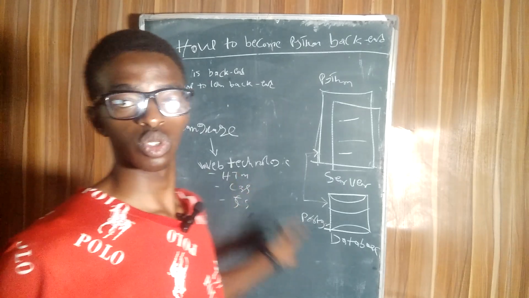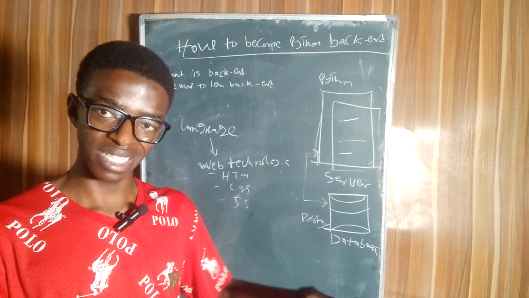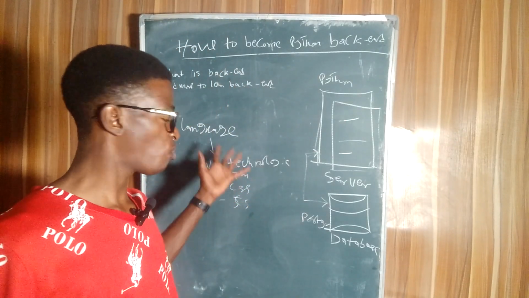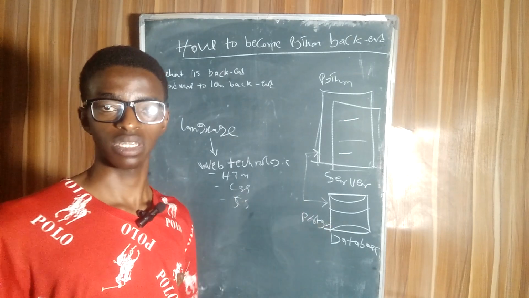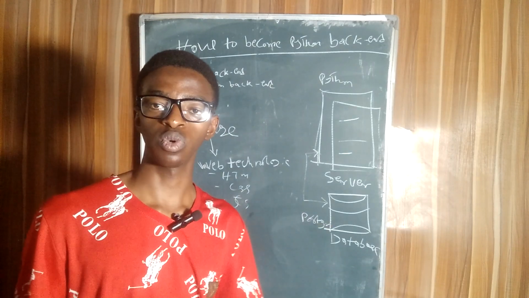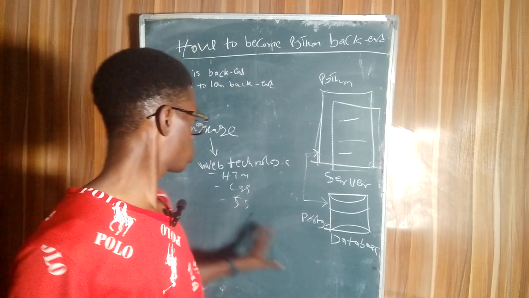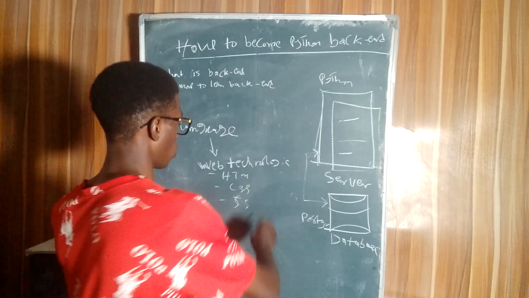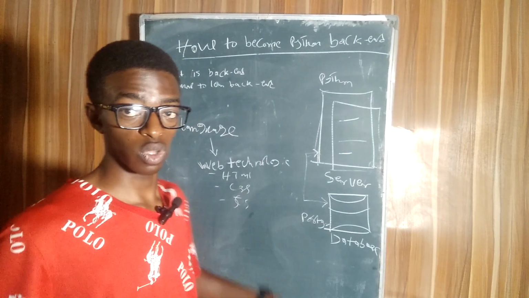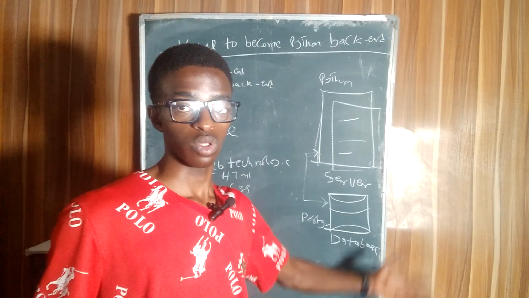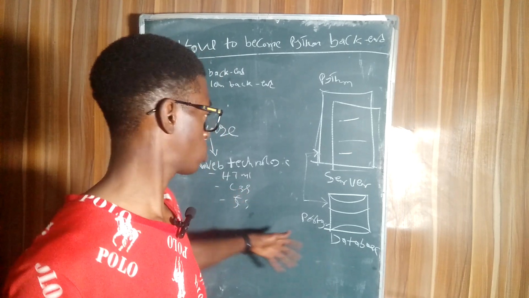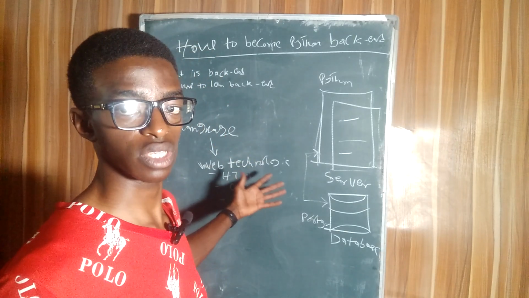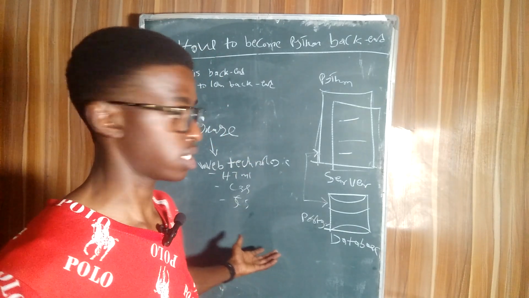You're just going to learn it a little bit. You don't need to go much further to create a very good looking web page. No need to do that. You just need to learn it a little bit to know how it works, so that it helps you when it comes to creating your backend application. You know how to handle stuff in HTML and also work with JavaScript.